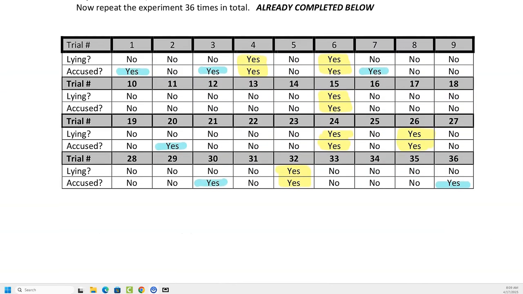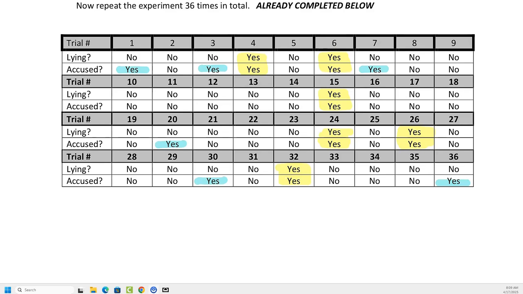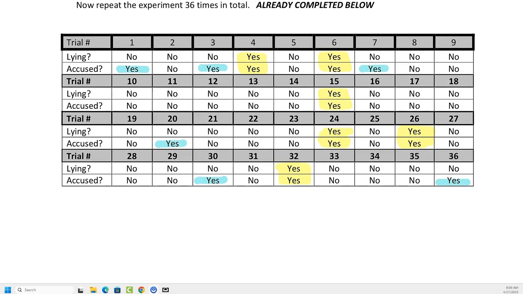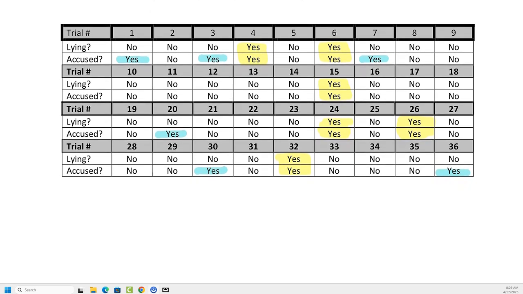When I highlighted yellow, that means they were lying and they were accused, right? So how many times were they lying and accused? Well, I see that I have, let's see here, 1, 2, 3, 4, 5, and 6 times. So I'm going to put a 6 in lying and accused.